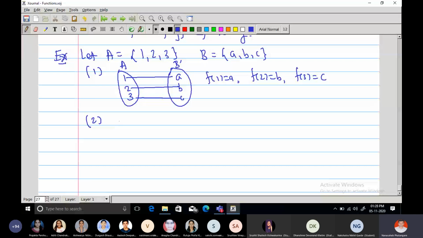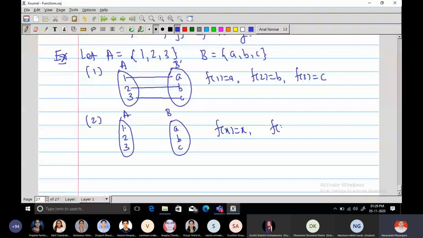Can you define any other? f of x is equal to x. How can you say f of x is equal to x? What is f of 1 in that case? 1.